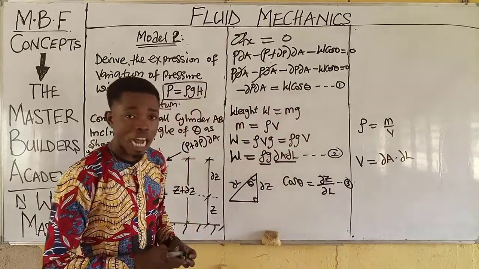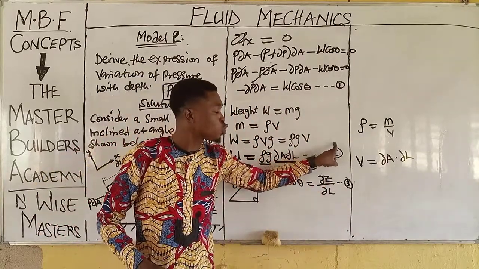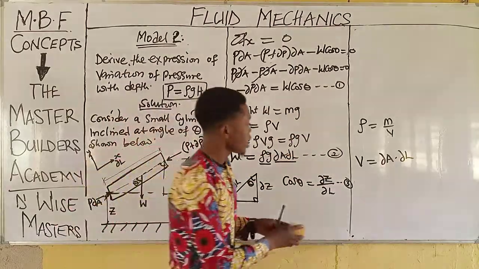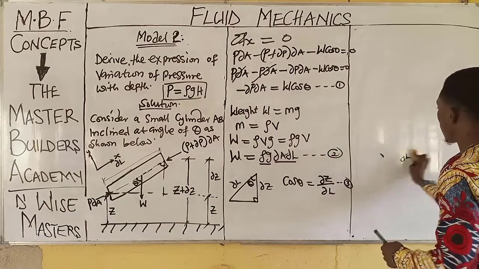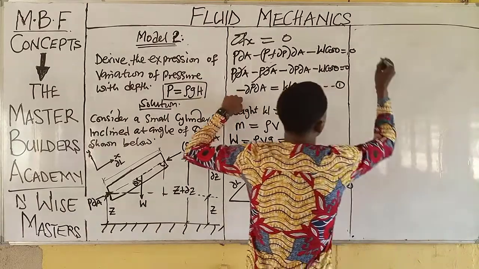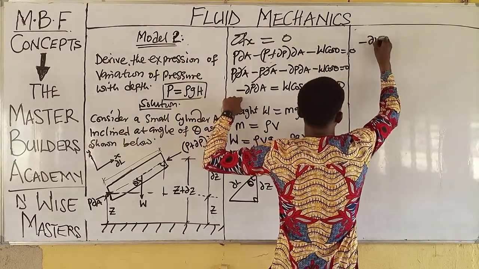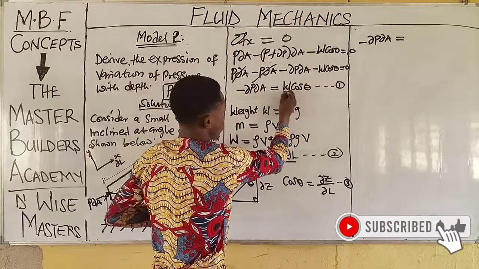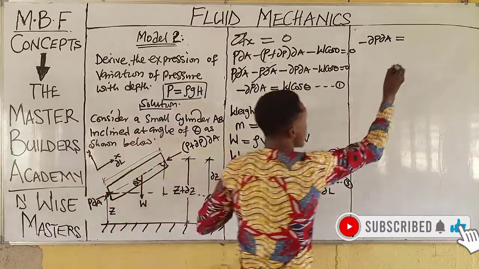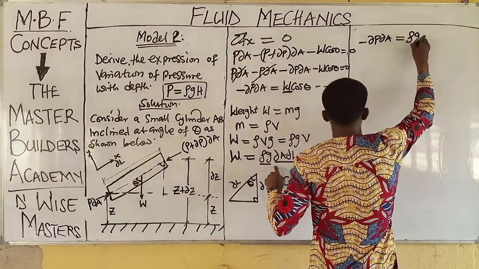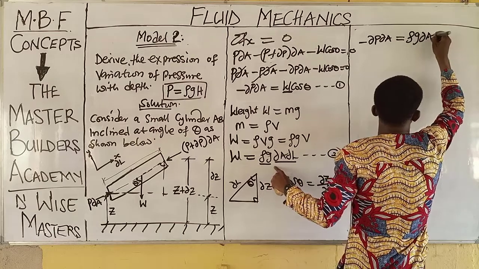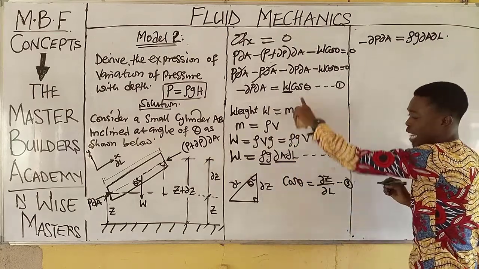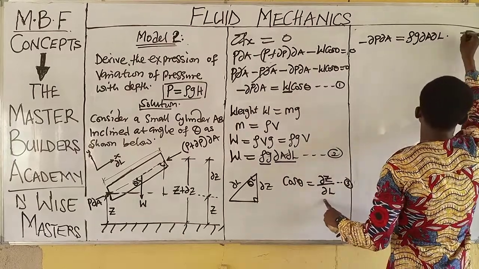All we need to do now is to substitute equation 2 and equation 3 into equation 1. Then we are done. Hence we have minus change in P, change in A is equal to W. We replace W with rho g, dA, dL, multiplied by cos theta, and cos theta is dz over dL.